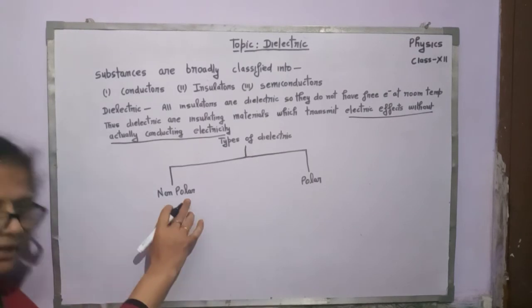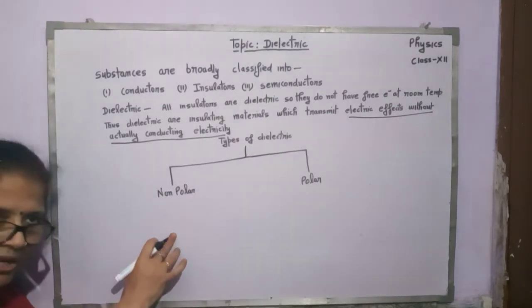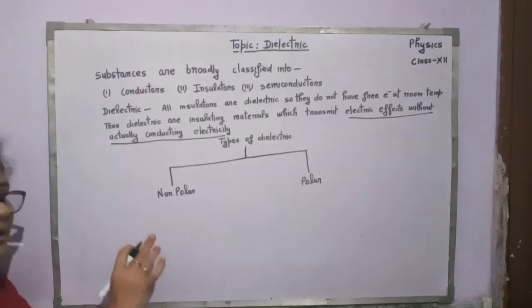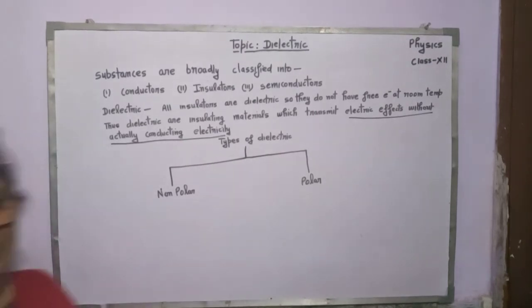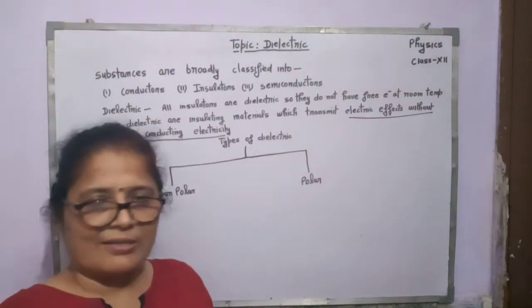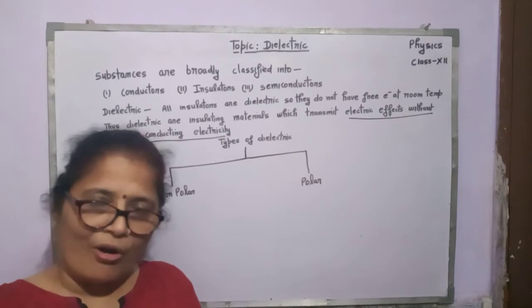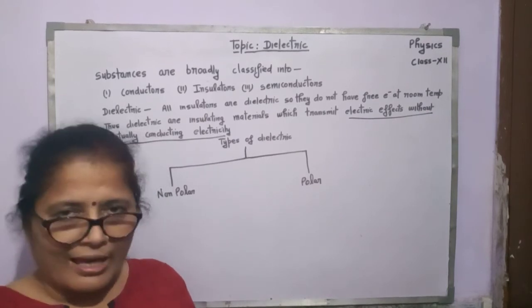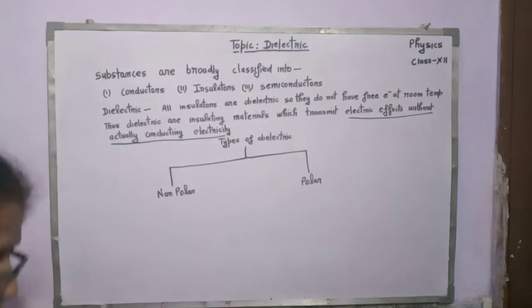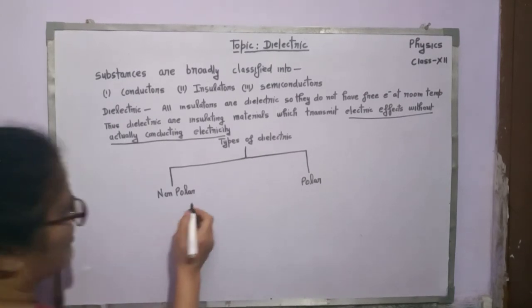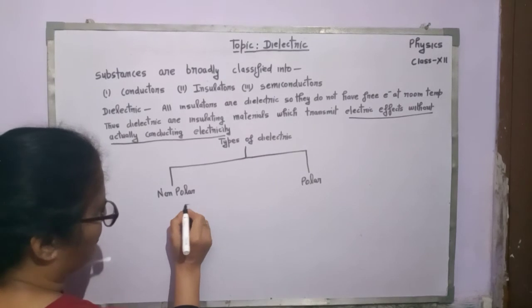In these dielectrics, the center of the positive charge, that means in the nucleus there are neutrons and protons. Protons are positively charged. They are concentrated in the nucleus, and the electrons are revolving around the nucleus. They have negative charge. So the center of all the positive charges and the center of all the negative charges, that means electrons, coincide with each other.